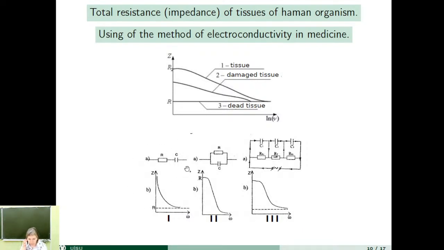This circuit is the first. Impedance depends on the circular frequency.